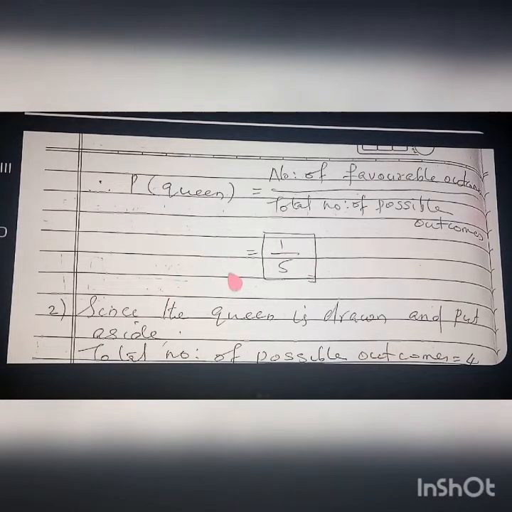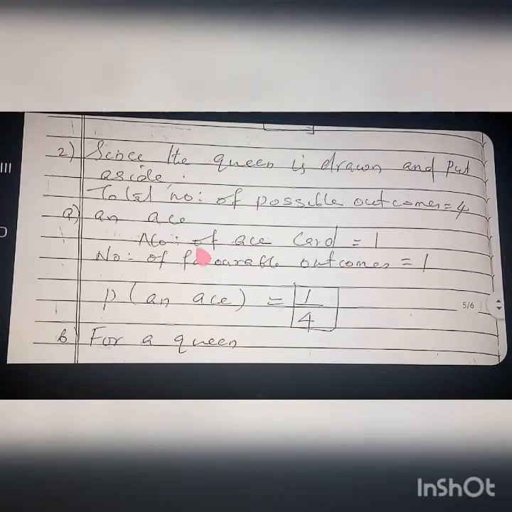Since the queen is drawn and put aside, the total number of possible outcomes is now 4, because out of 5 cards the queen is kept aside and not included here.